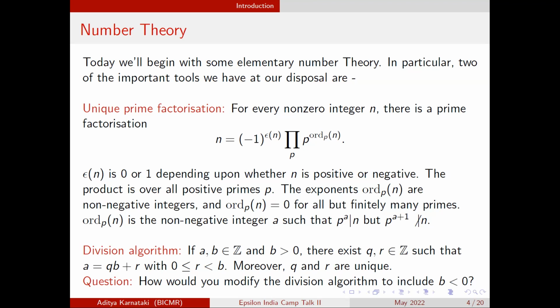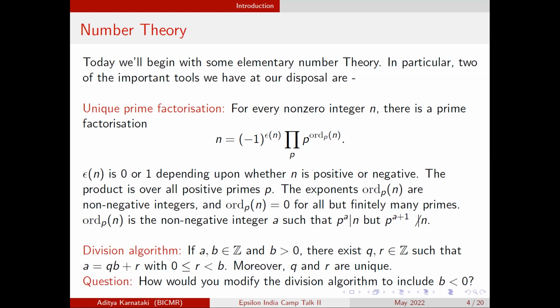So what you are saying essentially is that any fraction a over b can be written with only one negative sign in the numerator. If there are two negative signs, you can just cancel them. Right. Yes. So if you want b to be lesser than 0, in that case, you need to make a or q, one of them negative. Correct. Yeah, that makes sense.